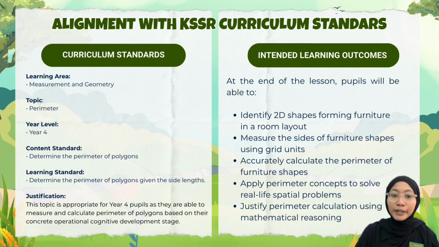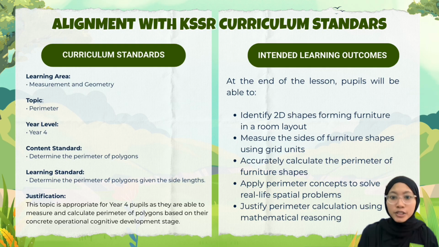Fourth, pupils will be able to apply the perimeter concept to solve real-life spatial problems such as determining the boundary of an object in a room layout. Finally, pupils will be able to justify their perimeter calculation using mathematical reasoning, which encourages pupils to explain their thinking and not just provide the answer.